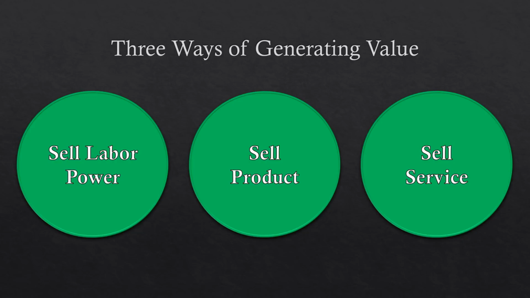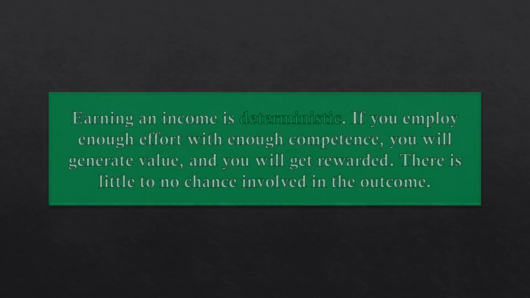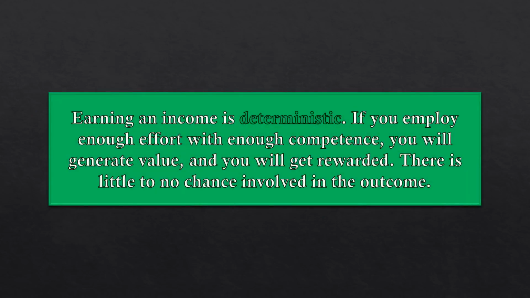He or she receives a salary because he or she will generate value to the institution somehow if effort and competence are applied. The main point I want to make here is that earning an income is a deterministic endeavor. In other words, if you employ enough effort with enough competence, you will generate value and you will get rewarded proportionally. There's little to no chance involved in the outcome. Keep this idea in mind because it's going to be important in a moment.